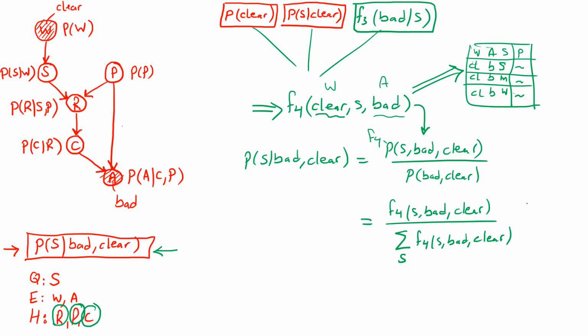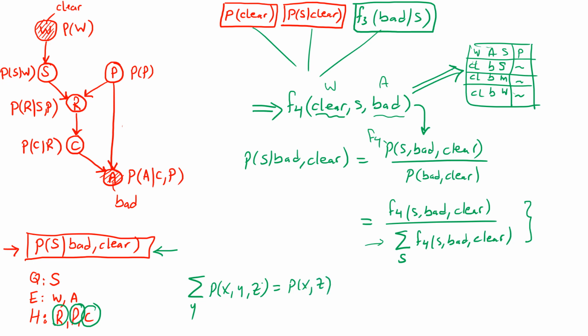So this is the normalization. Actually, we did it here in the table by just dividing by the sum. Why do we do the sum here? Because that's the probability of the evidence. When we have a probability of x, y, and z, and we sum over, let's say, y, what will we get? We get P of x and z, right?